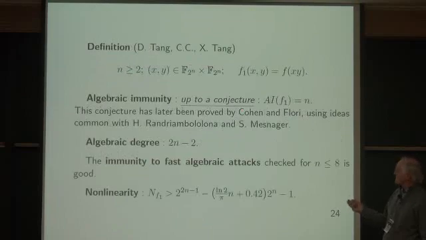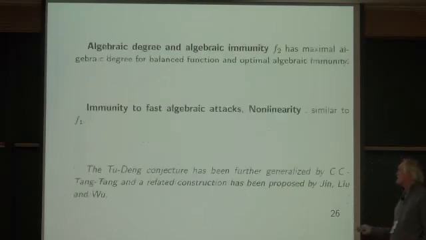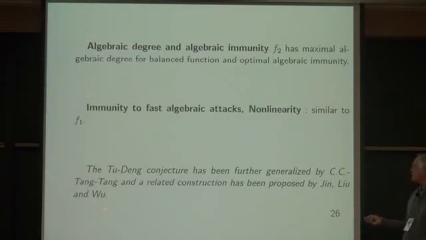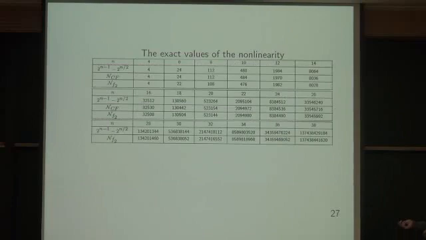And this has led to a slight generalization by Jin, Liu, and Wu, proposing new functions, but closely related to this one. And so now we have a few functions. I wouldn't say quite a few, but 3 or 4 functions, which are good. And we need more. So if you are interested, welcome to the team.